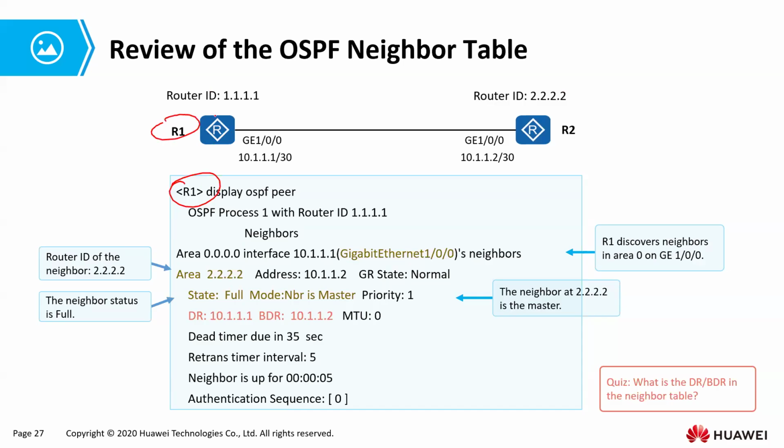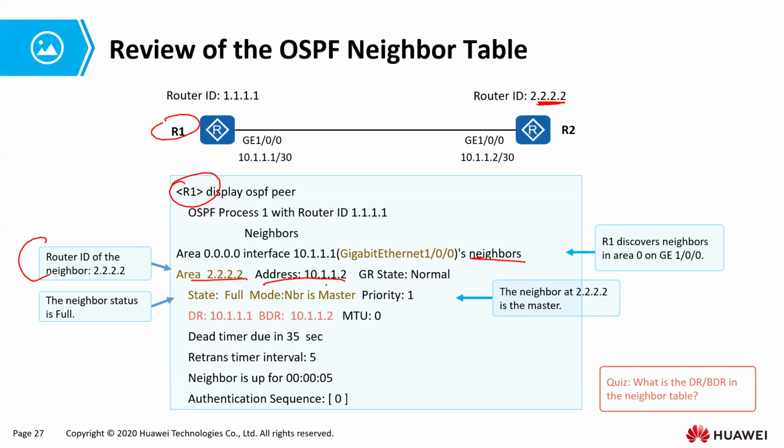It will show us my neighbor is this one. It shows me the router ID of the neighbor, and also the address of the neighbor interface, 10.1.1.2.